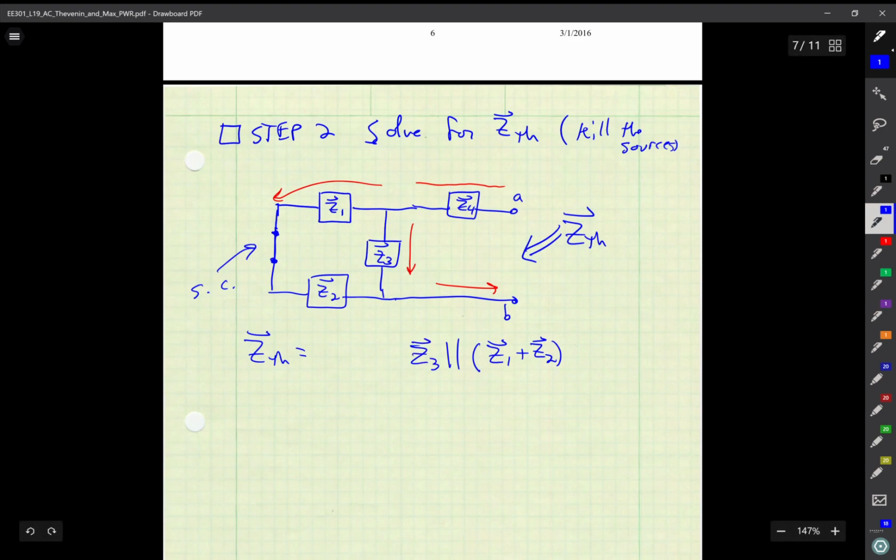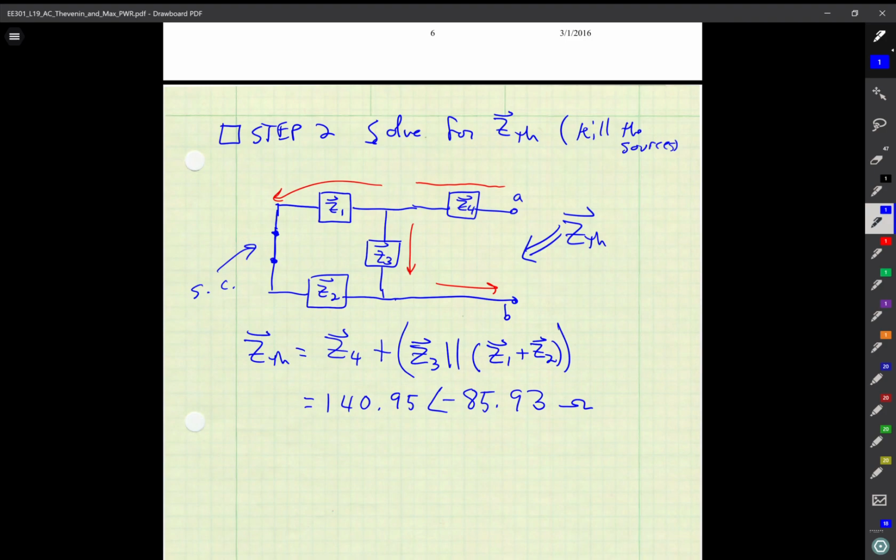And together, that expression, when added to Z4, yields Z Thevenin. When I do that math, Z Thevenin is equal to 140.95 with an angle of minus 85.93 ohms. That's my Z Thevenin.